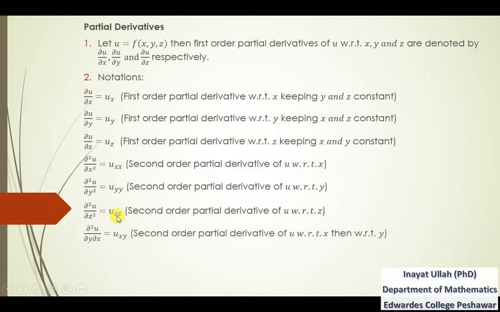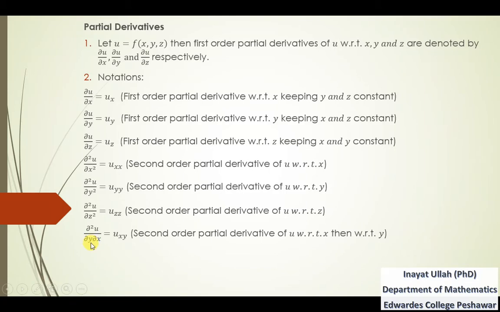Now we need to concentrate on this notation, because we see here that first of all u is partially differentiated with respect to x, then with respect to y. When we denote this as the second order partial derivative of u with respect to x and y, we will write x and y in reverse order.